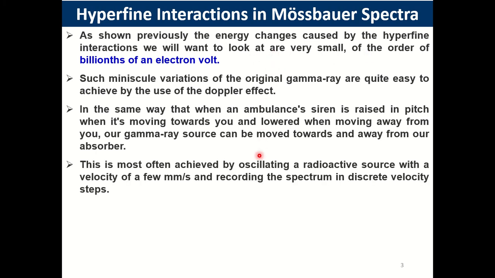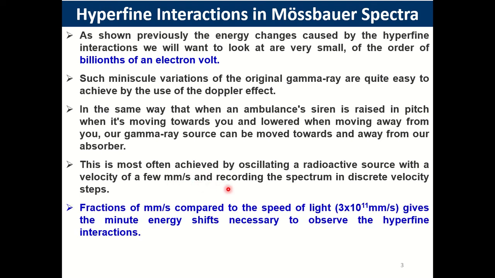So this is what we require: an oscillating radioactive source. We make it oscillate back and forth at a few millimeters per second, and then we start the recording of our spectrum.